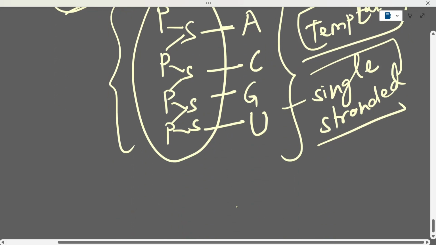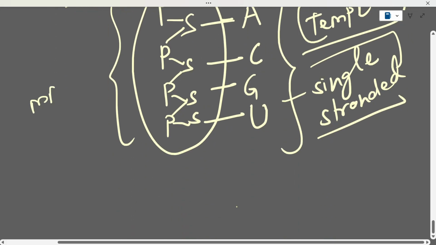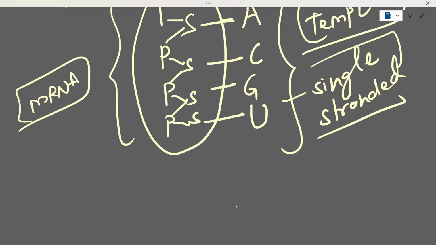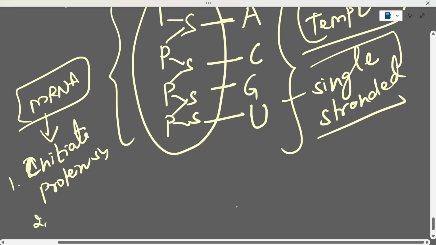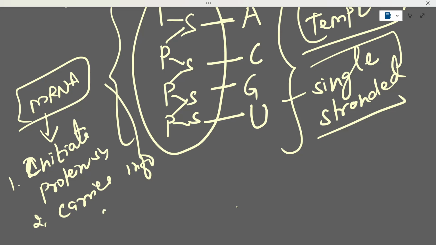Now this single strand mRNA, messenger RNA, acts just as a messenger, and its chief function is to initiate protein synthesis, and second, it carries the information from DNA to outside the nucleus.